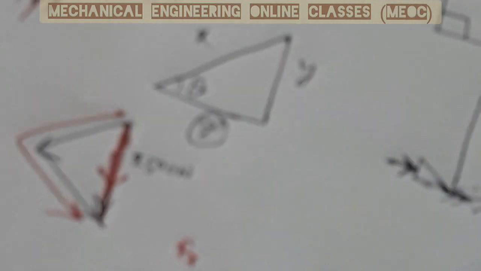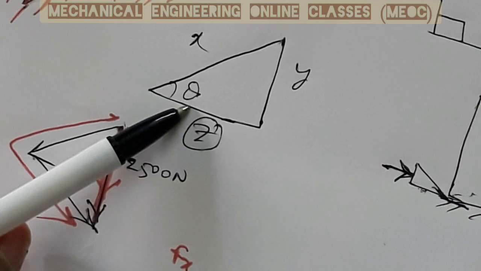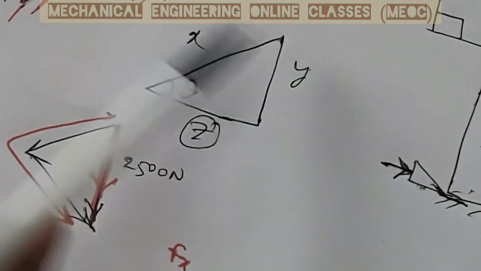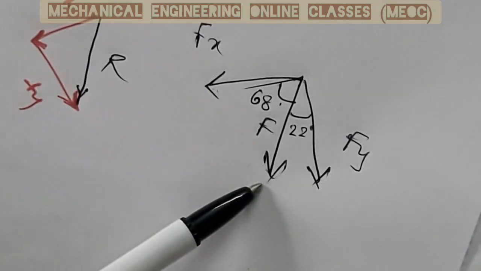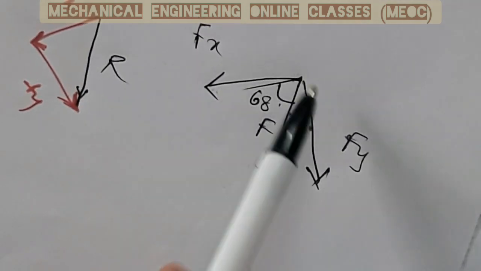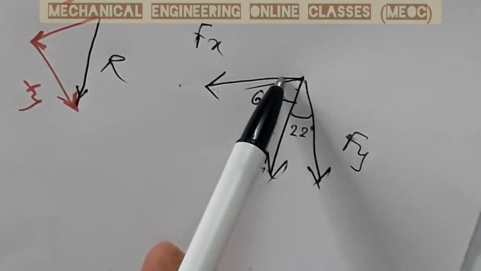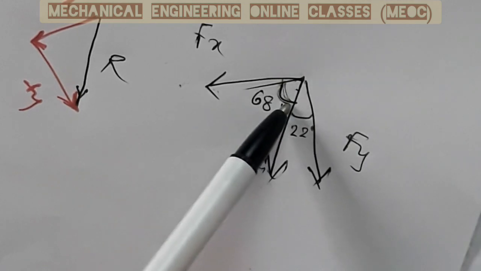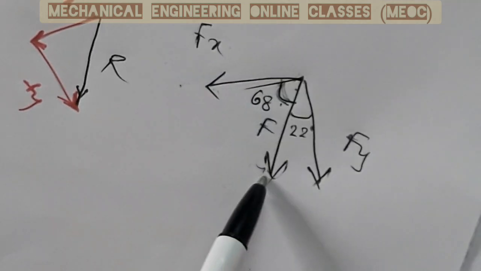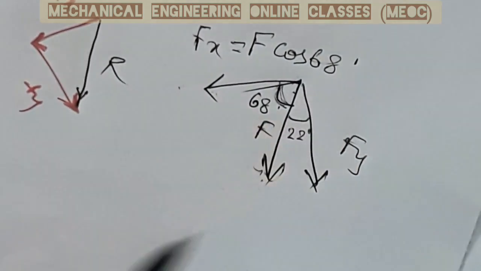Z is nothing but x cos theta, and y is nothing but x sin theta. We can apply the same concept here. This is F. What will its horizontal component be? What will its x component be? F, because this angle is 68 and because it is adjacent, Fx will be F cos 68.